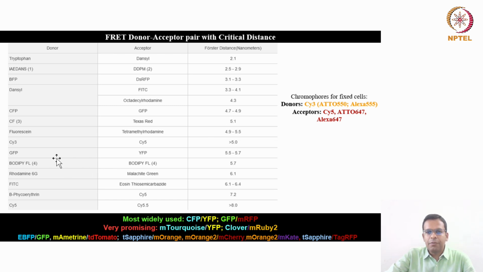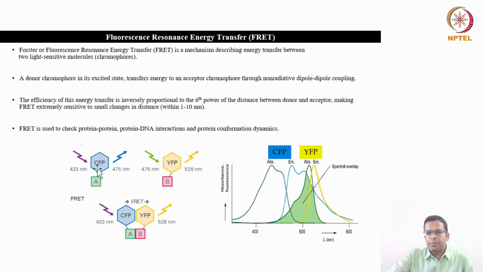If you are using Cy5 and Cy3 dye as a FRET pair, then if your distance is greater than 5 nanometer, then also you can see the FRET signal. In FRET analysis, this protein is known as donor because it is emitting the light which is being absorbed by this protein, which is known as acceptor.